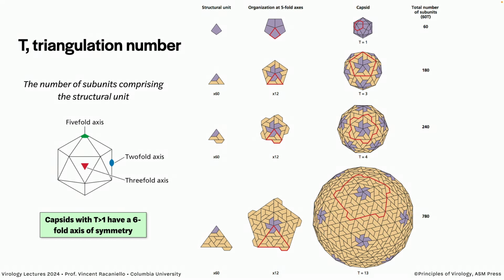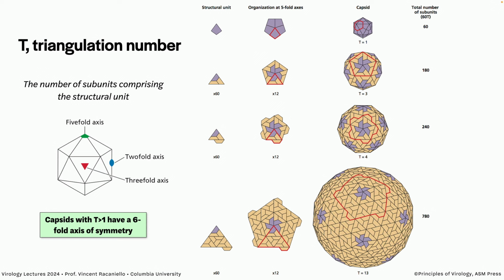So now I've been showing on these slides a T number, T equals 1, T equals 3. That's called the triangulation number. And what it is, in the simplest terms, it's a pretty complex mathematical description that I don't want to give you, but in the simplest of terms, the T number is the number of subunits that make up the structural unit. So remember, the subunit is the protein chain. It's the number of protein chains that make up the structural unit.